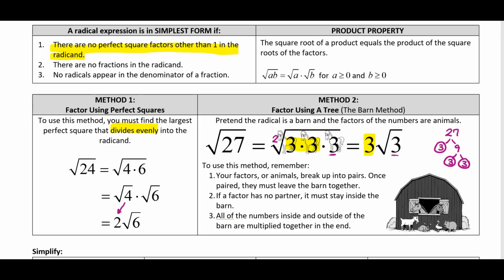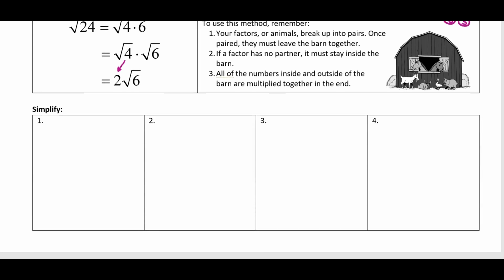For the most part, we're probably going to use method 2. I think most of you will like that method better, but you are always welcome to use method 1 as well. So down here on number 1, our first problem is going to be the square root of 45. Now we're going to do both methods. First, the method to find our biggest perfect square that goes into 45.